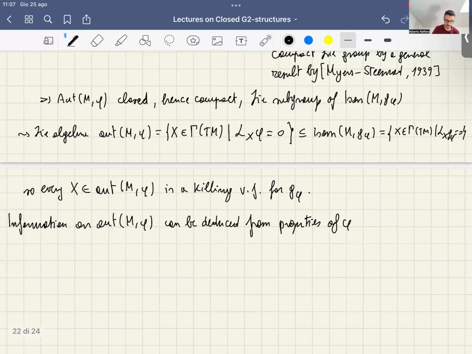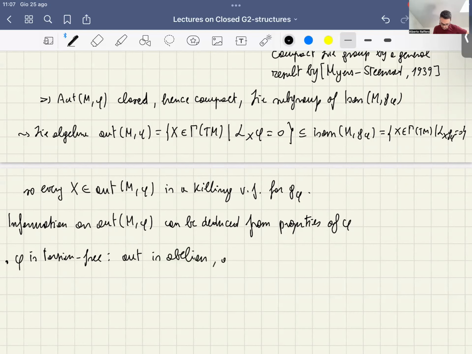And let me just remark this, since I mentioned this fact in the last lecture. For instance, if φ is torsion-free, then the Lie algebra of the automorphism group has to be abelian, so all brackets of its vector fields are 0.